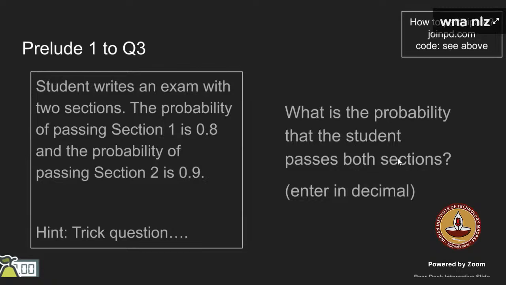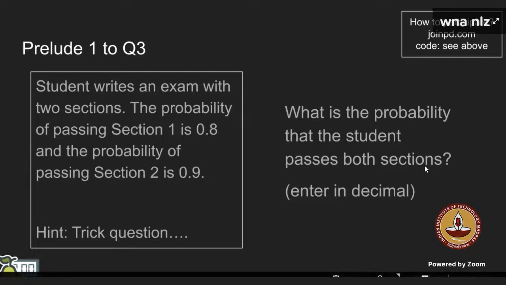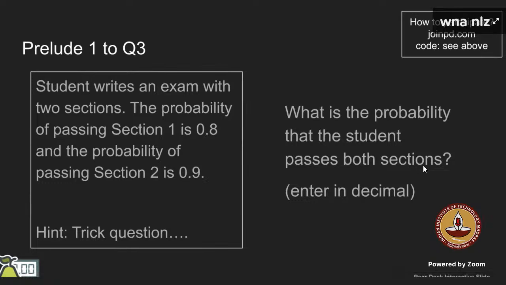Sir, I have done passing section 1 is 0.8, not passing section 2 is 0.1, 0.8 into 0.1 plus 0.2 into 0.9. Okay, and sir, I have done it by complementary probability: 1 minus 0.2 not passing in section 1 and passing in section 2, plus not passing in section 1, not passing in section 2, and not passing in both.